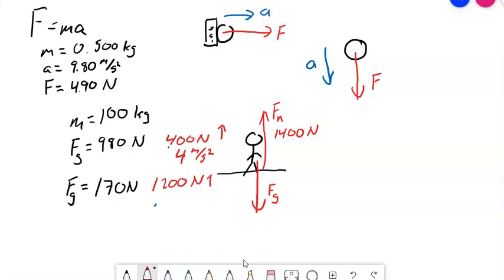So there's an upward net force of 1,200 newtons, and if we divide that by his 100 kilograms, he's going to have an acceleration of 12 meters per second squared. That means in the initial push, once he jumps off of the surface, he's going to have a certain initial velocity coming off of the surface on the Earth, but he's going to have a much faster initial velocity coming off the surface on the moon.